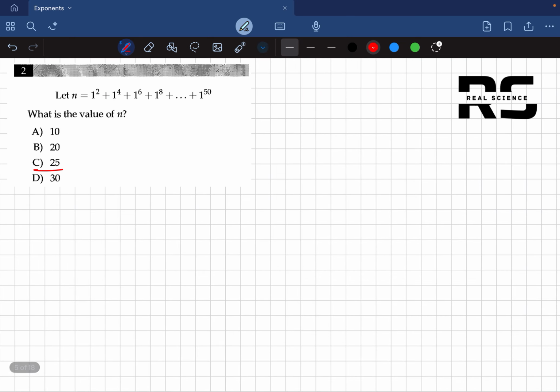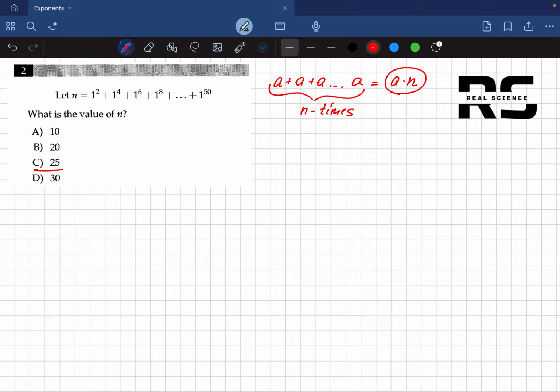Let's look at 2. Let n be equal to 1 to the power of 2, plus 1 to the power of 4, plus, etc., up to 1 to the power of 50. What is the value of n? In order to solve that, this is pretty easy because if you remember this property, if we have numbers a plus a plus a and etc., let's say we have n times, you could rewrite it as a times n.